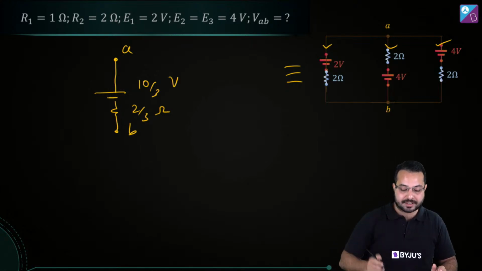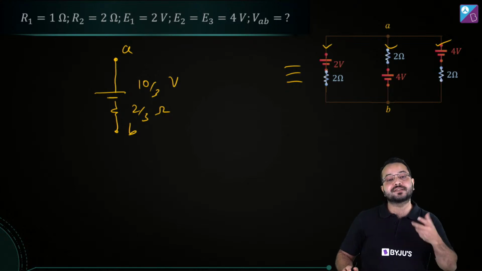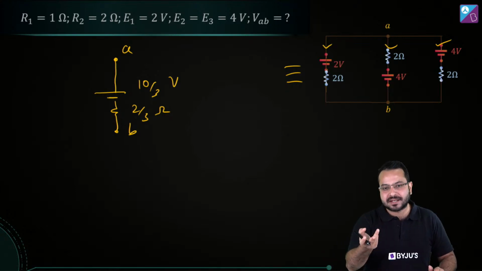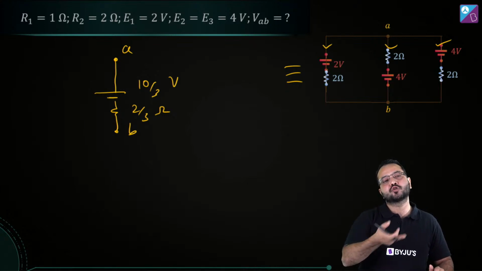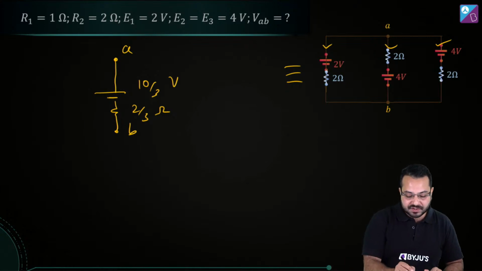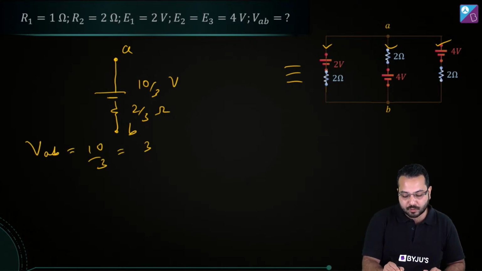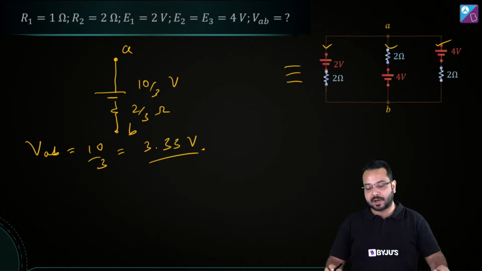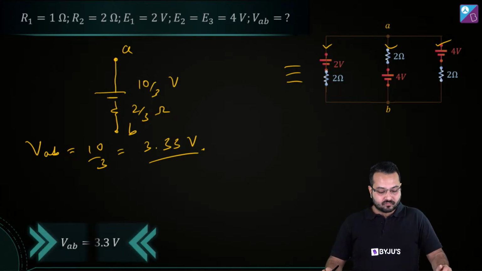And if there's no current, then the potential difference is going to be equal to the EMF. So this is E minus IR, but I is 0, so the potential difference is simply equal to EMF. So what is the potential difference between A and B? The potential difference is 10 by 3, or we can say 3.33 volt. And that is going to be my answer. Is that right?